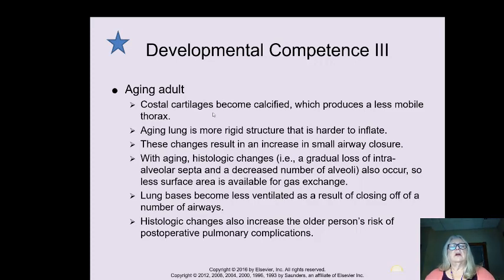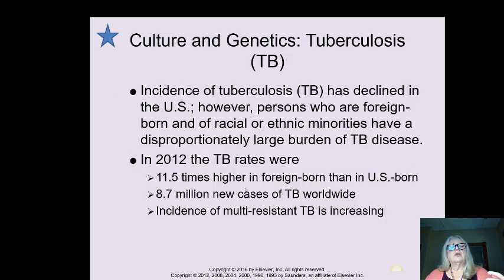With aging, histological changes, gradual loss of alveolar septa. I can say that unless I'm talking to you guys. And a decreased number of alveoli also occur. So there's less tissue available for that gas exchange.